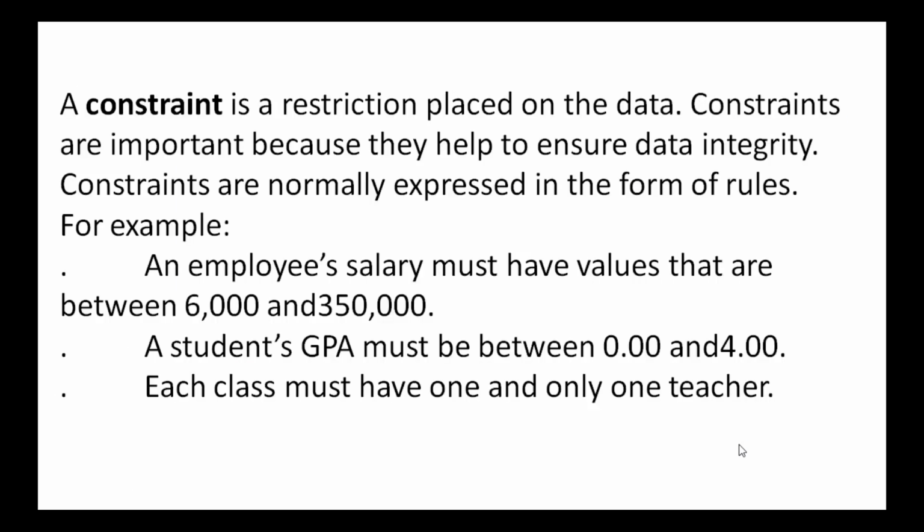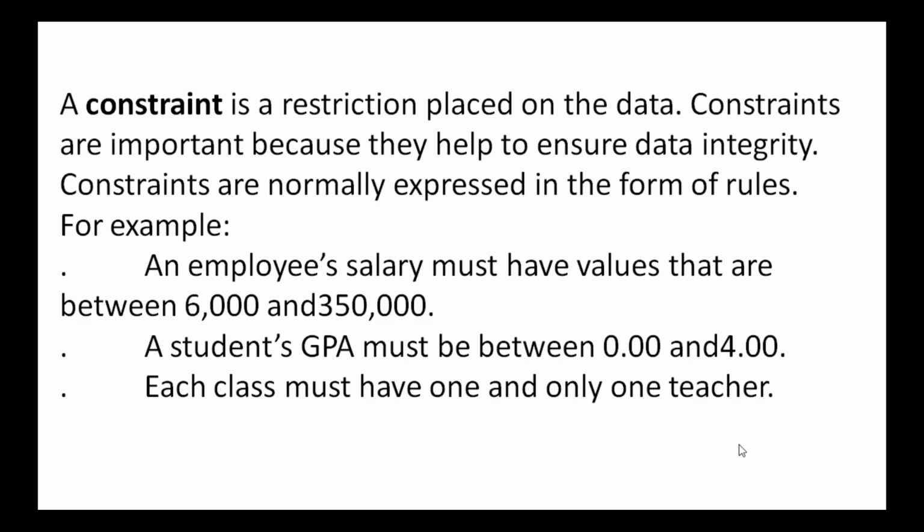And coming to the constraint, what is a constraint? Constraints are nothing but restrictions placed on the data. These restrictions are very helpful to ensure data integrity. What is data integrity? Data integrity is nothing but correctness of data, always verifiable data.